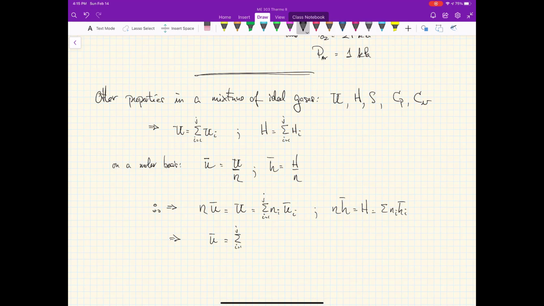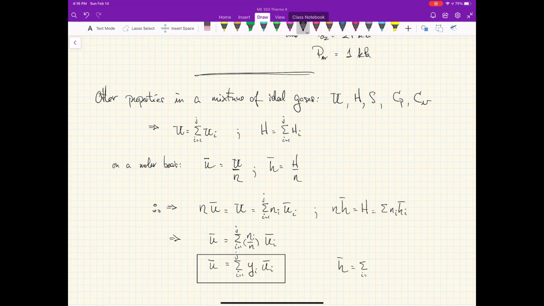Also on a molar basis, I'm going to have that the total intensive internal energy per mole is going to be the total extensive internal energy of the total mixture divided by the total number of moles in the mixture.